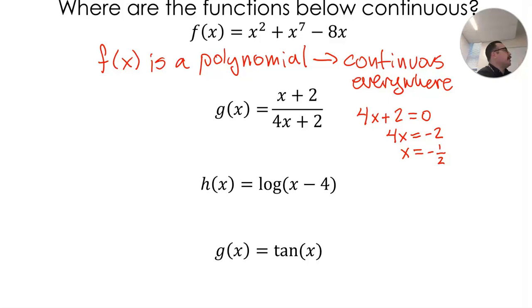You can plug in any other value other than negative 1/2 and get a value out on the other side. So this means that g of x would be continuous from negative infinity to negative 1/2, and then from negative 1/2 to positive infinity.